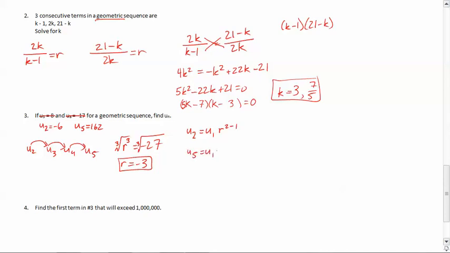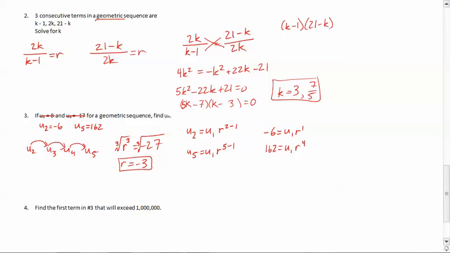So u1 times r to the 5 minus 1. Now we know what u2 is. u2 is negative 6. And so that would be negative 6 equals u1 r to the first, and 162 equals u1 r to the fourth.